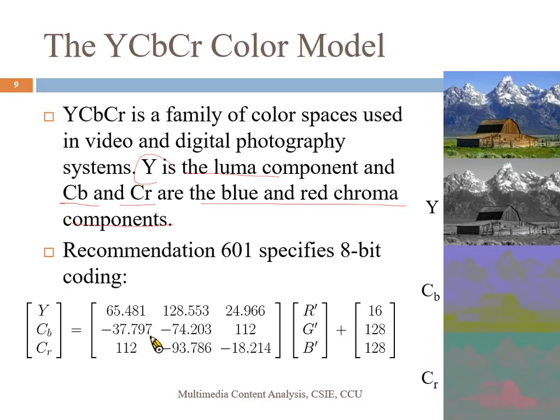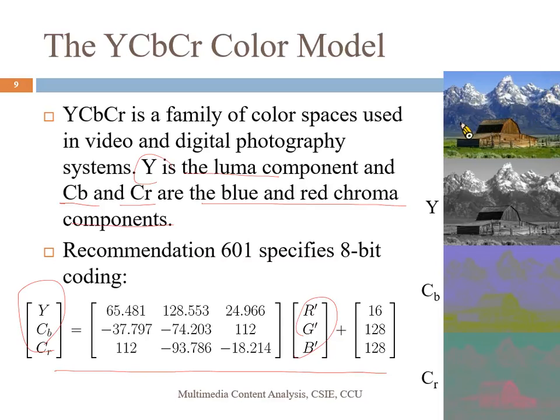We can see a very complicated linear transformation between RGB and YCbCr. Basically, this kind of transformation is defined based on many experiments, maybe also based on psychological and industry experience.